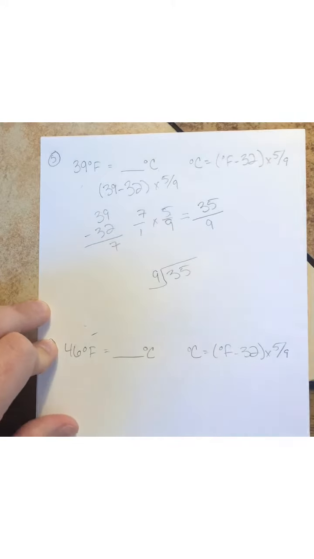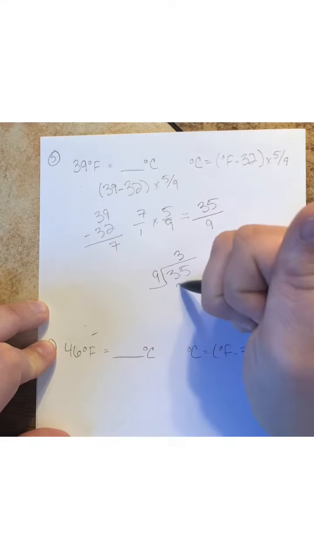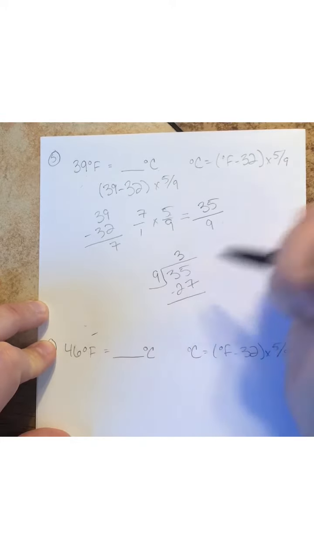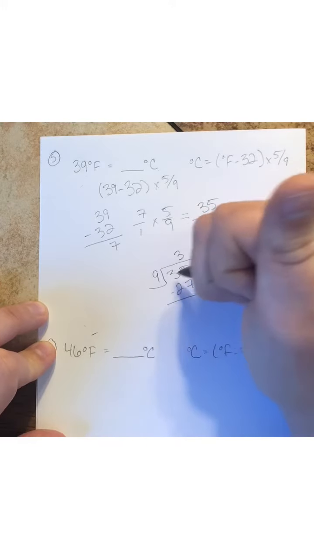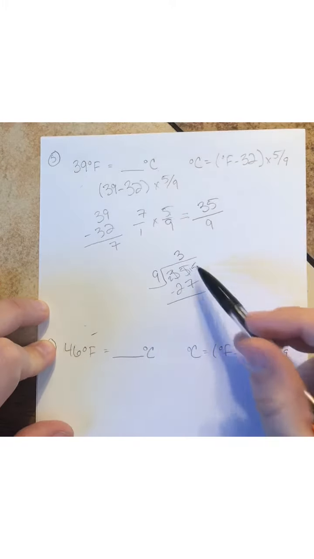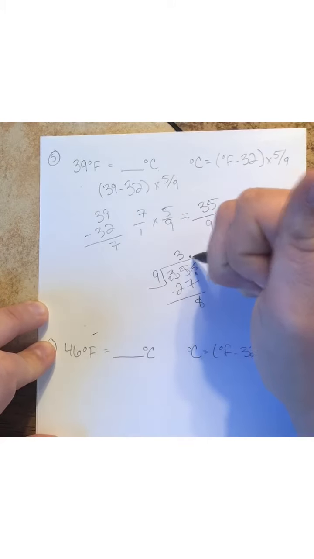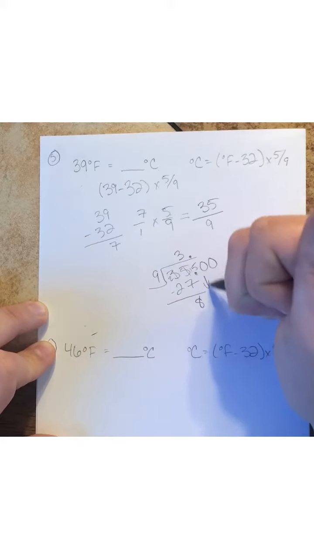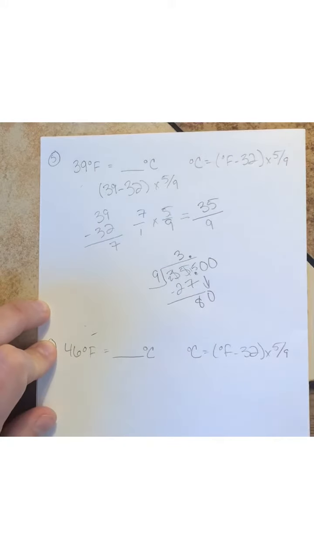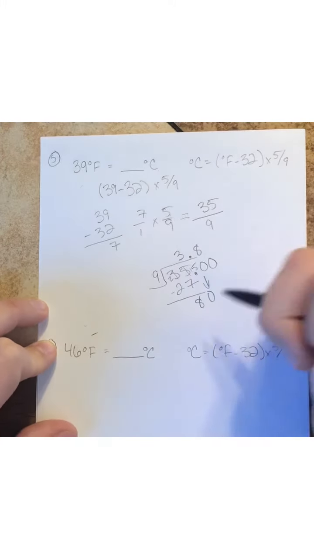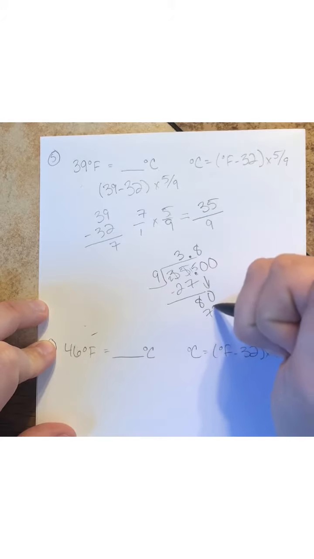9 goes into 35 3 times. 35 minus 27 is 8. 9 goes into 80 8 times. 8 times 9 is 72.